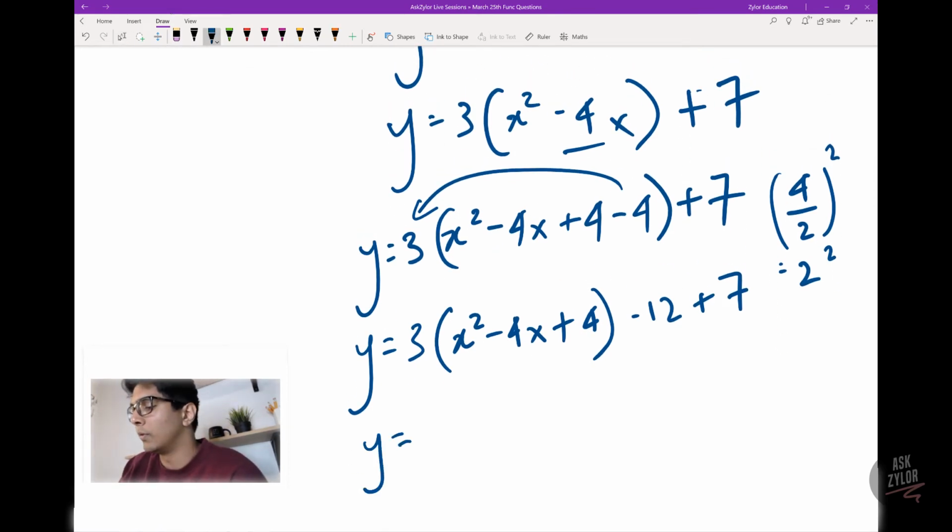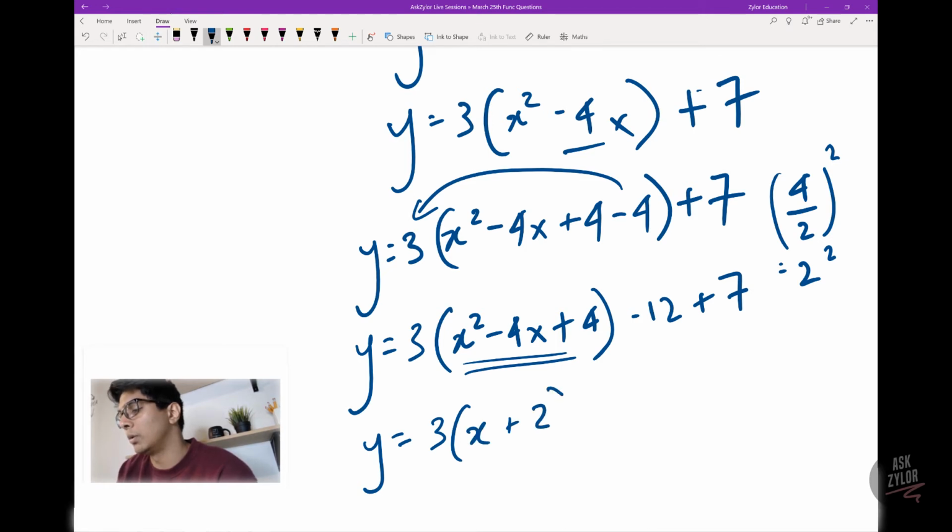I'm almost done finding the vertex form of this equation. The square for this is going to be x plus 2 squared. So it should be x minus 2 because this sign is negative. And then negative 12 plus 7 simplifies to negative 5.